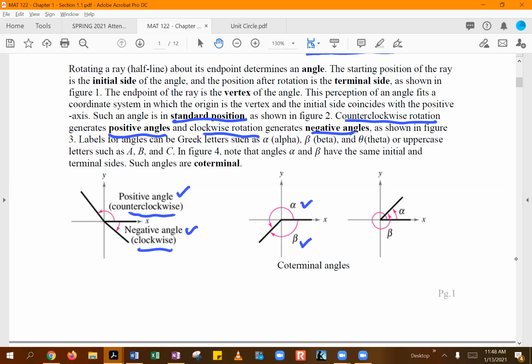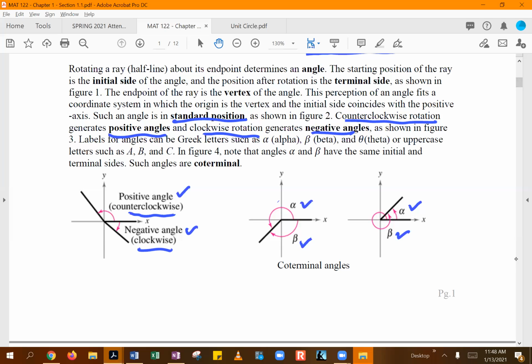So you can see one definition over here. Now on the right-hand side image, you will again see angle alpha and beta, but they're both going in the counterclockwise direction. So you have angle alpha, going from initial to terminal side. So that's one of the angles. And if you actually make a full 360-degree rotation, but you keep going in that counterclockwise direction, you can actually get a coterminal angle from doing that also.